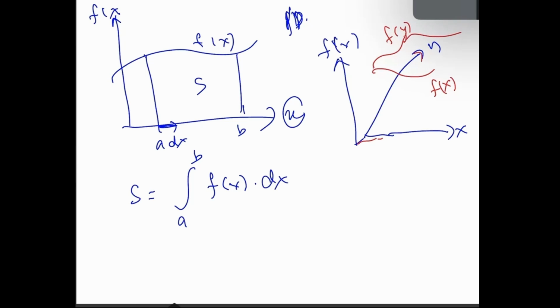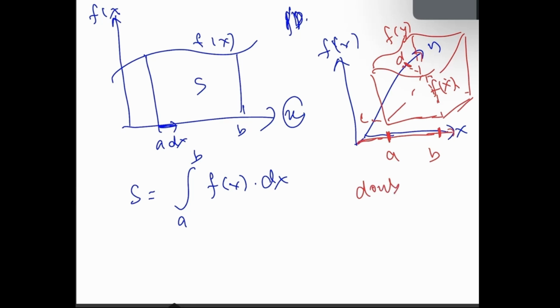We can combine them, for 2D. Let's say this is the area here, with corners A, B, C, and D. To find the volume under the surface, we use a double integral.